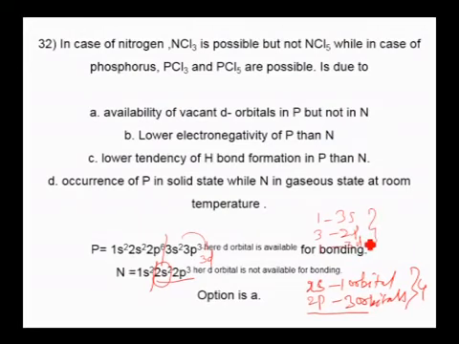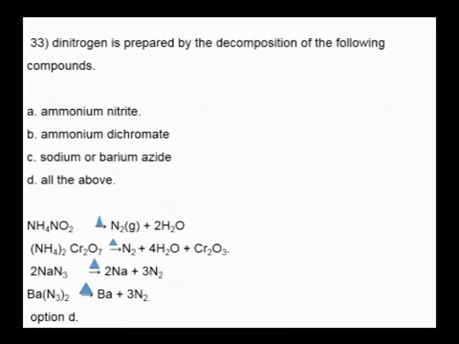So the total number of orbitals available for bonding is 5, hence PCl5 forms. Phosphorus forms PCl3 and also PCl5. Therefore the correct option is A, availability of vacant d orbitals in phosphorus, not in nitrogen.